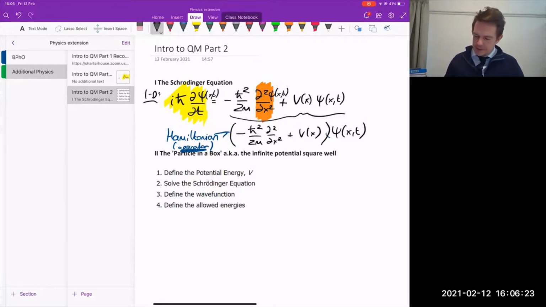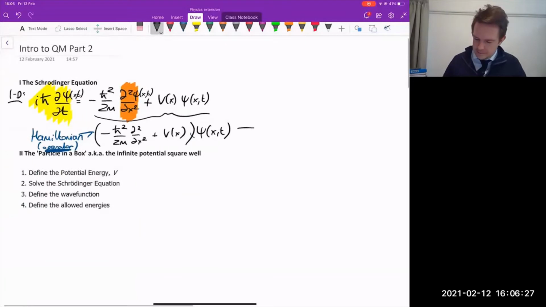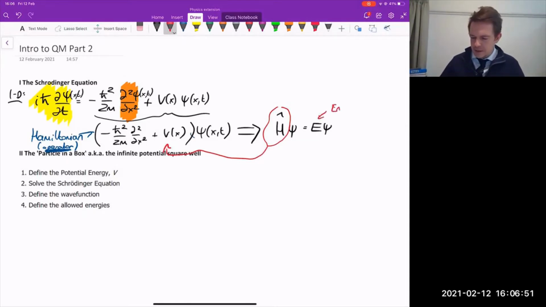Sometimes you'll see the equation written h times the wave function equals energy times the wave function. This h is just what's in that bracket, and this is the energy of a particular state.